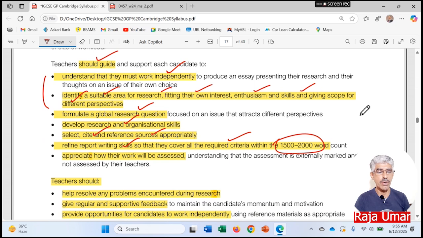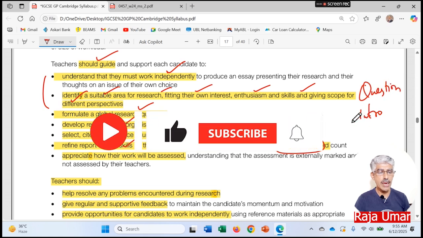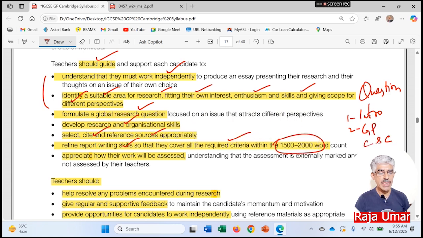For example, intro should be there. I mean, right at the top, question should be there. Then intro, then global perspectives, and in this one, causes and consequences, then national perspective, causes and consequences at the national level, and then course of action, and then source evaluation, and then reflection, and in the end, conclusion.